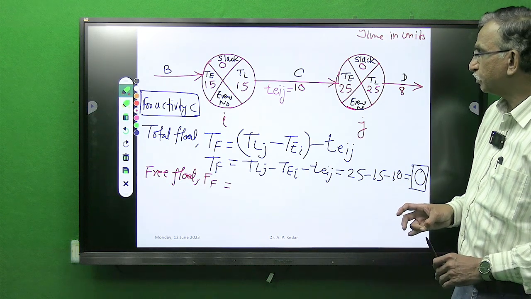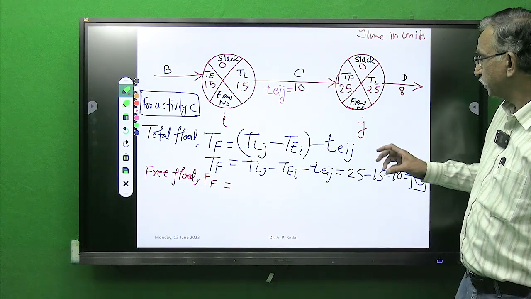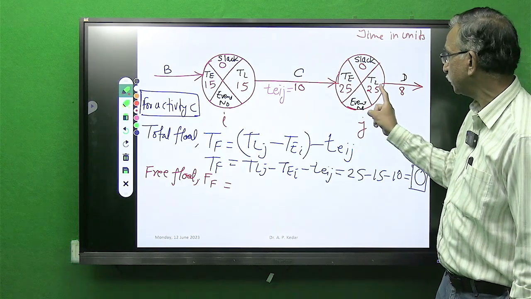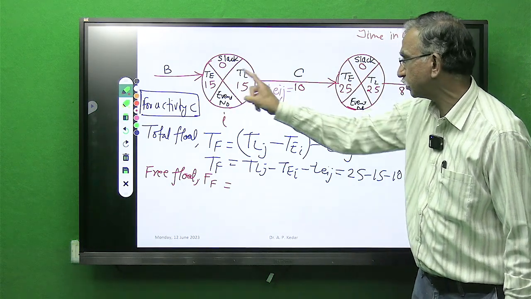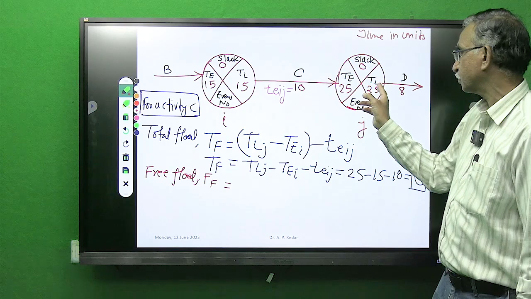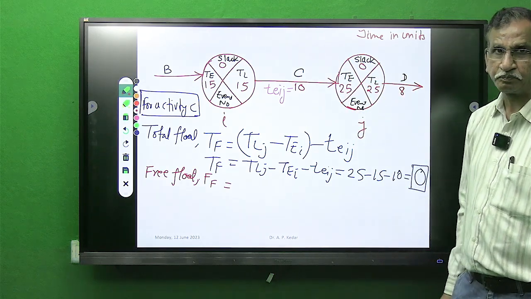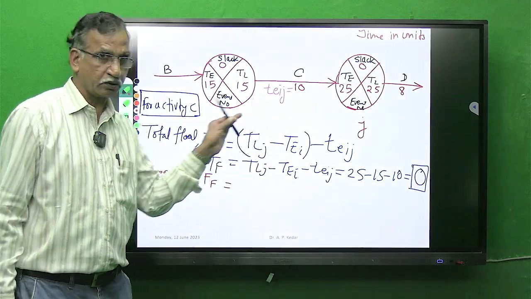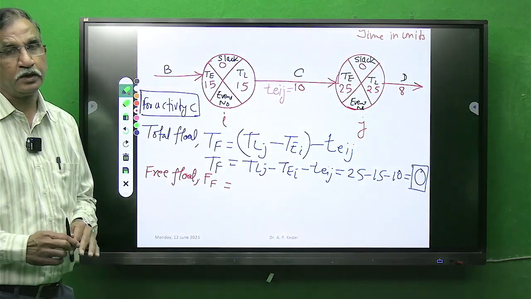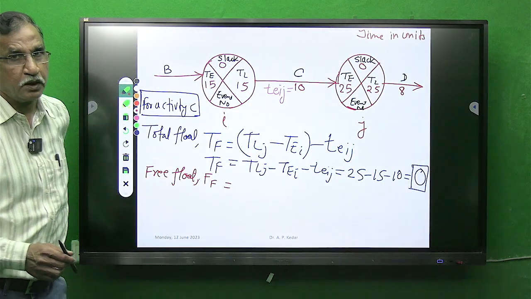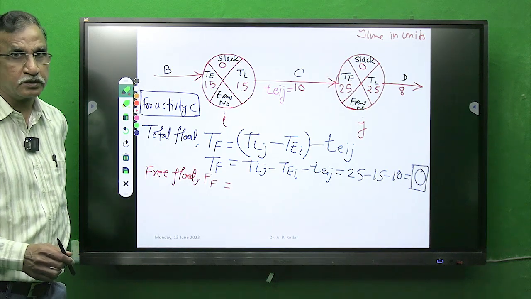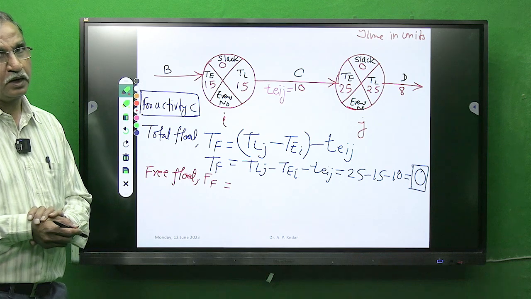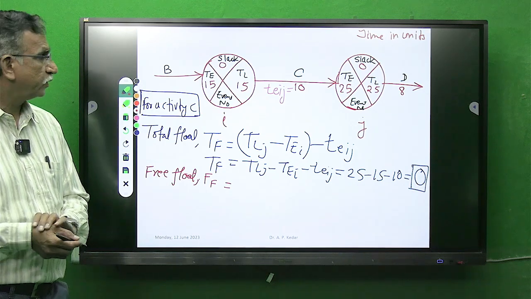In the first case, what we did is we calculated the difference of the first corner value and the last corner value, and subtracted from 10. Now in total float, as we have seen in the last slide, it is based on some assumption. And what is the assumption? Assumption is that both predecessor and successor are at their earliest time.